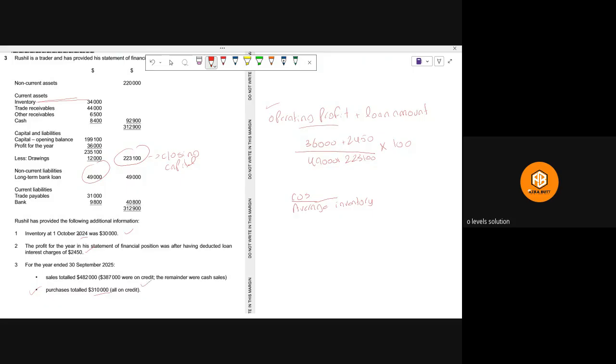So opening inventory 30,000 plus purchases 3,10,000 minus the closing inventory gives the cost of sales, divided by the average inventory, opening plus closing divided by 2.